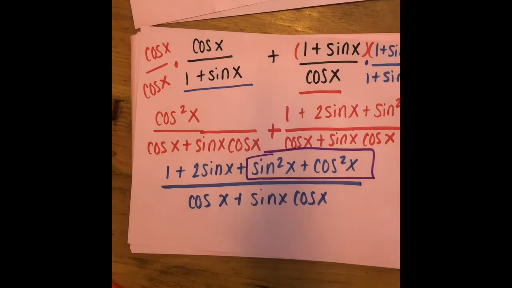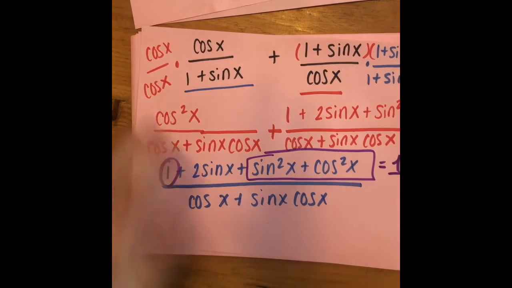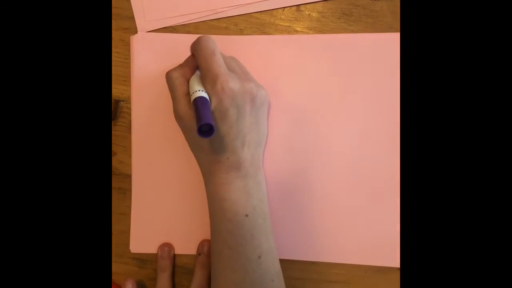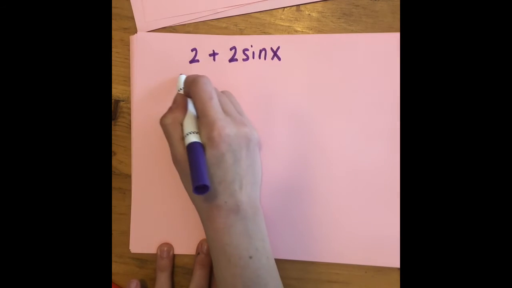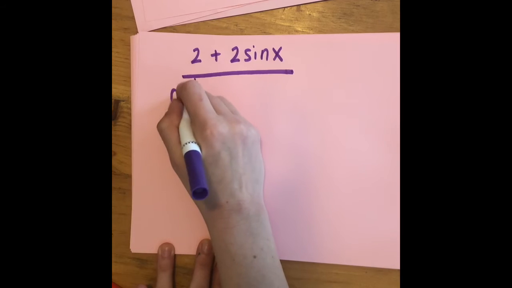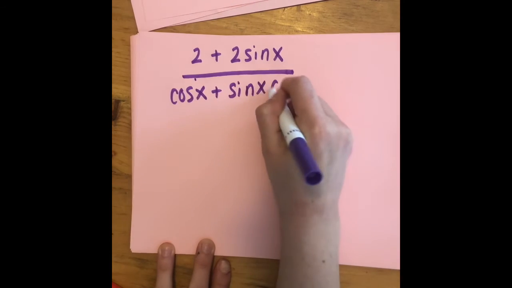That is our Pythagorean identity, and they equal 1. 1 and 1 is 2. So we're left with 2 plus 2 sine x all over cosine x plus sine x cosine x.